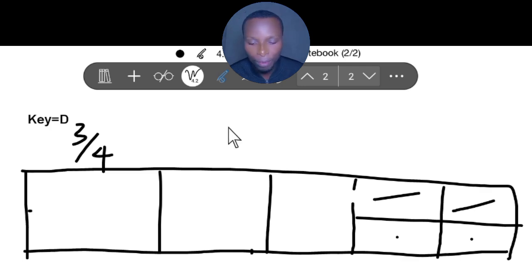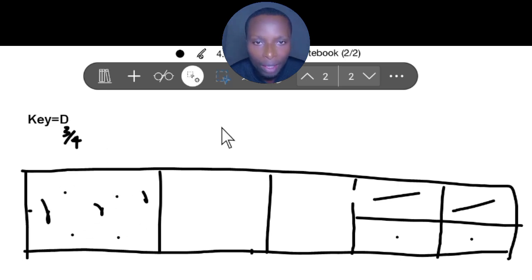If it's 3/4, it means that 3 notes have to be found inside 1 bar, okay? So all you have here is just 2 dots like this and 2 dots like this, and then 1 note will be found here, 1 note will be found here, and 1 note will be found here.